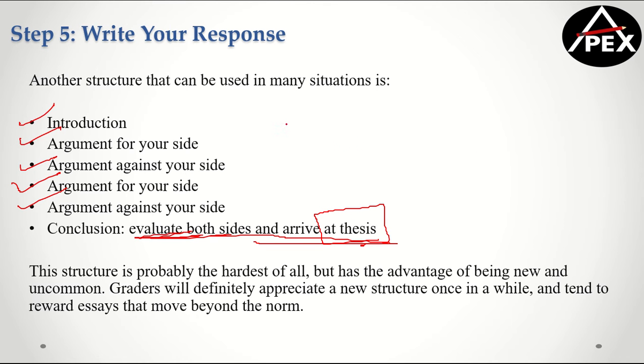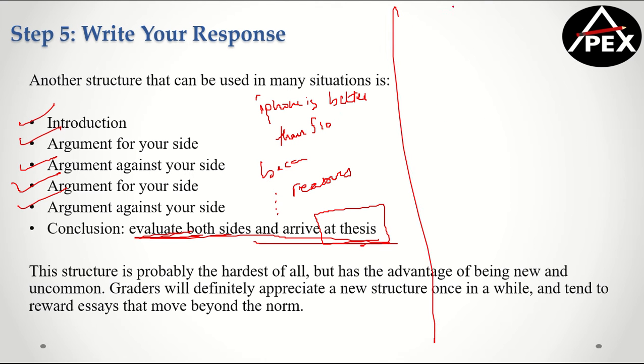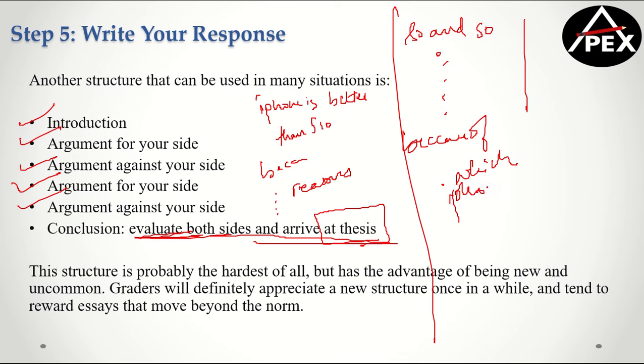For example, I could either say iPhone is better than S10 because dot dot dot being my reasons. Or I can say there are so and so dot dot dot reasons because of which iPhone is better, right?